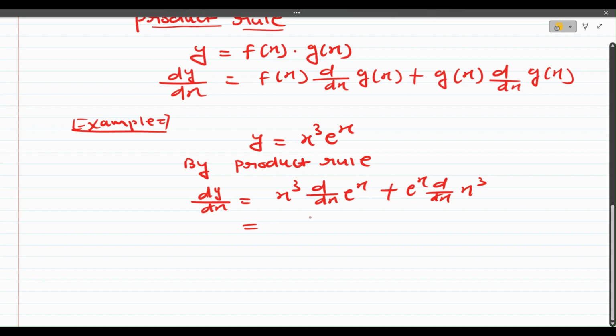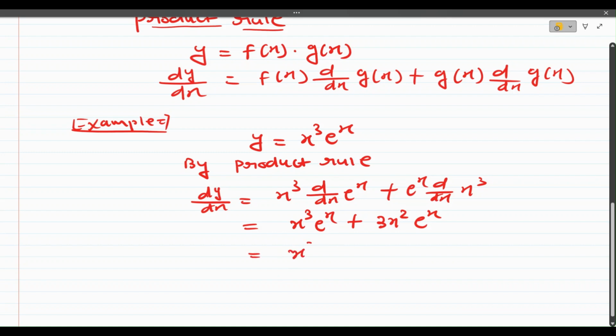As we know by the rule, the differentiation of e to the power of x is e to the power of x. So it's going to be x to the power of 3 e to the power of x plus the differentiation of x to the power of 3, which will be 3x squared, and we haven't differentiated e to the power x here. So what's common in both the terms?